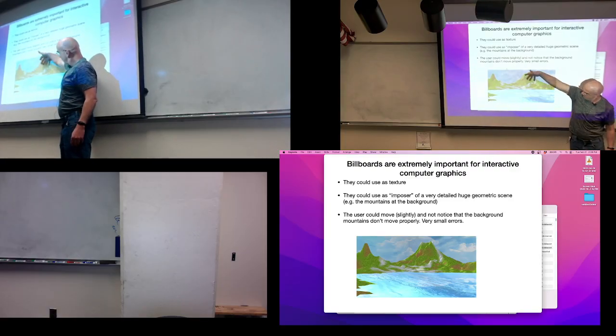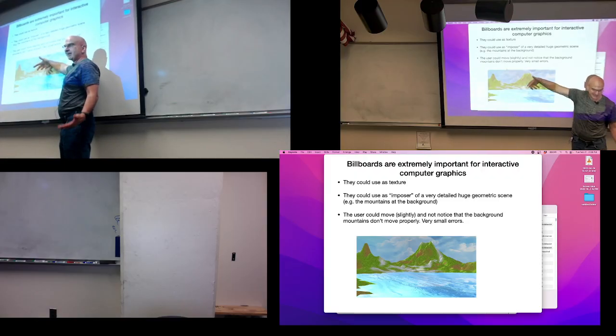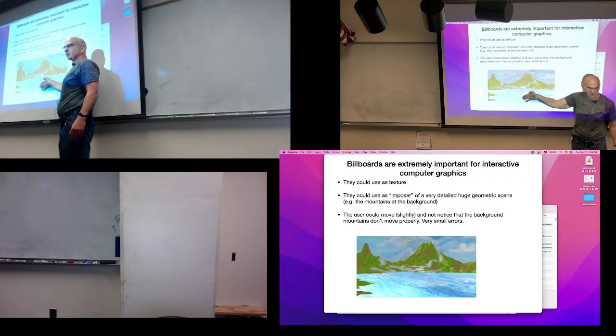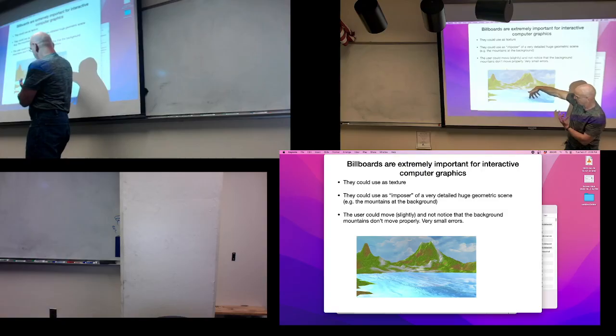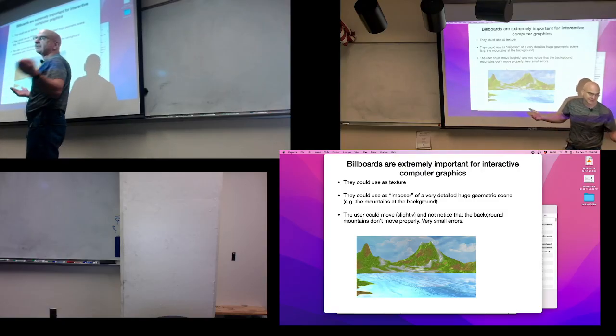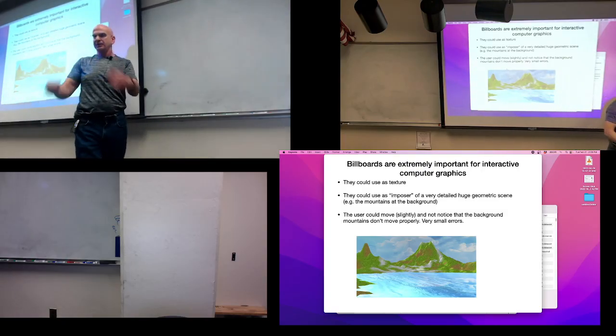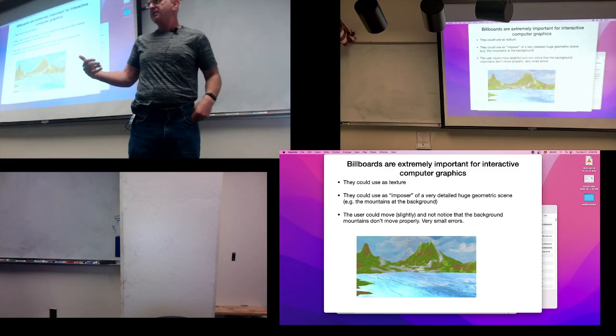So the big mountains in the background are on one billboard that will stay pretty much static. And everything that happens closer to the user, well, we'll have to spend the time to show it explicitly.